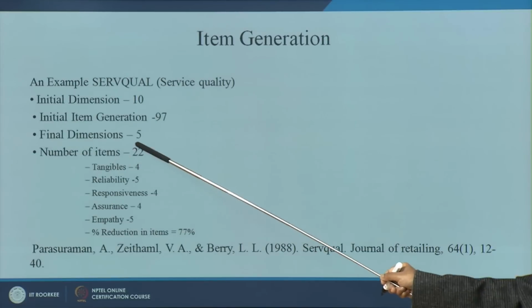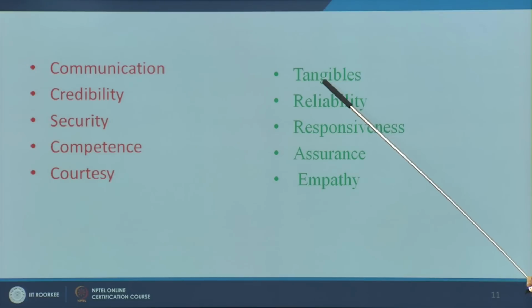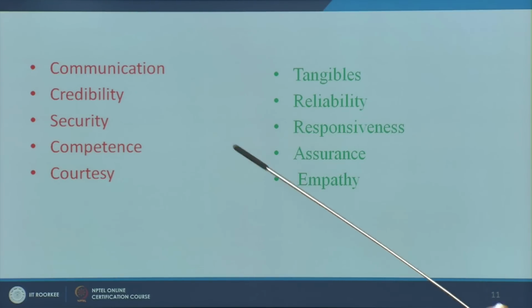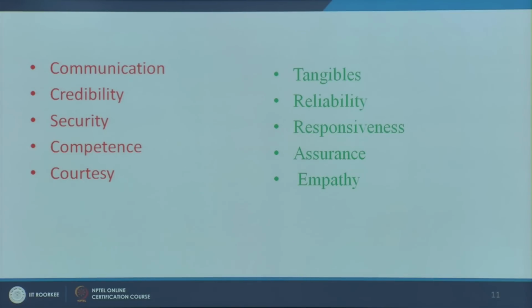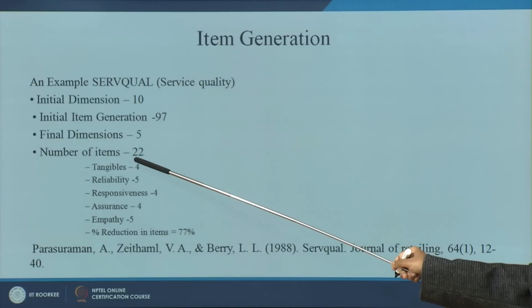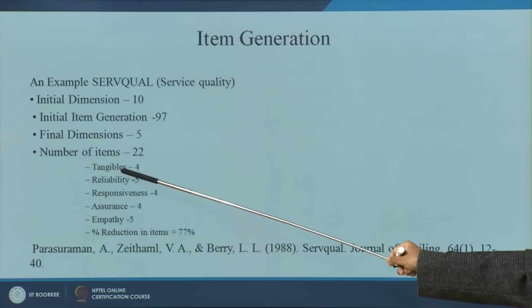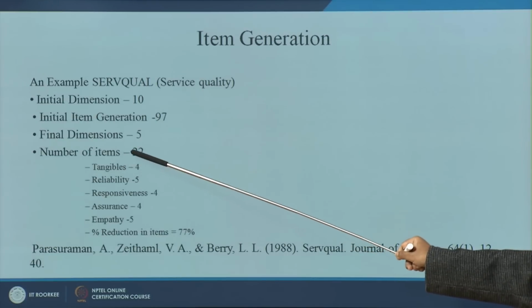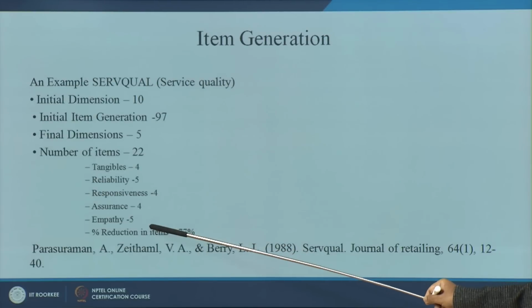The number of items maintained was only 22, and what were these 5 dimensions? Tangible, reliability, responsiveness, assurance and empathy. This is Parasuraman's scale, and the others were the ones which were removed. The number of items is 22, and each construct had 4, 5, 4, 4, 5 items.